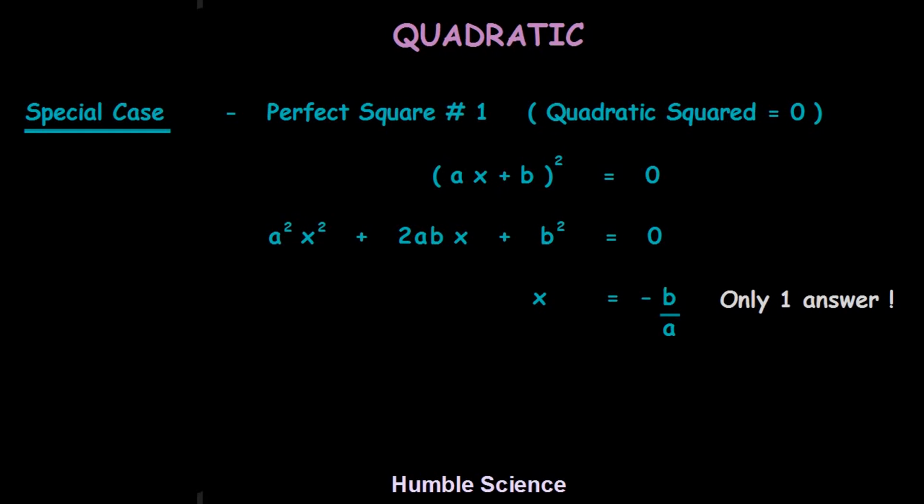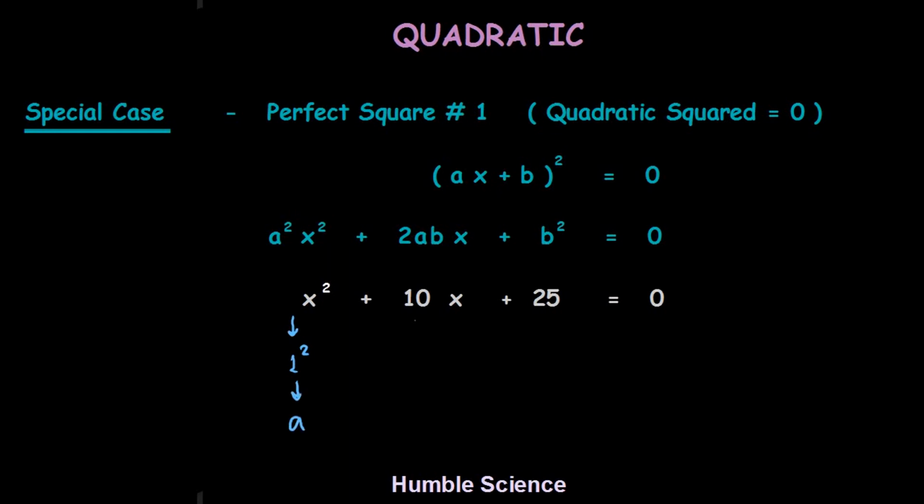Let's take a look at an example. Here we have x squared plus 10x plus 25 equal to 0. You may solve this by factoring, but it may be faster when we notice that this is actually a perfect square. In the first term, x squared, we have 1 over here. It is 1 squared. That means a is equal to 1. In the second term, we have 10.